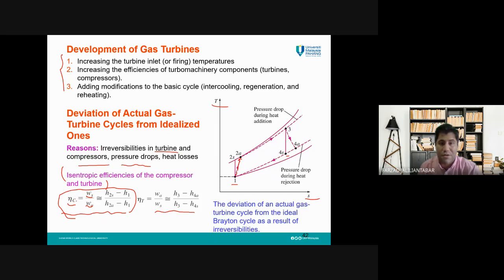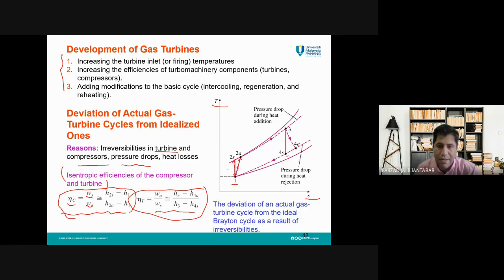If the compressor is isentropic, this will be 1. The closer the process in the compressor is to the isentropic process, the higher the isentropic efficiency will be. Same, we can find this for the turbine: the isentropic efficiency for the turbine is Wa divided by Ws.